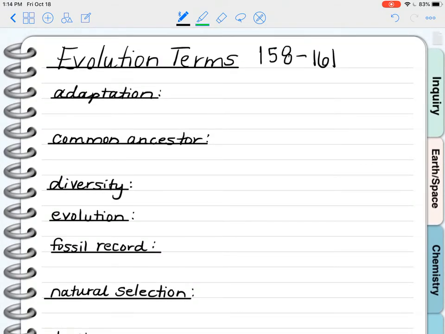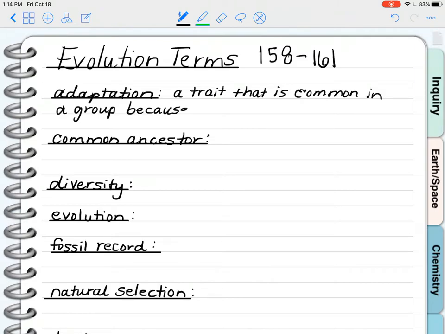The first is adaptation. An adaptation is a trait that is common in a group because it improves function. And to give you an example of this, I want you to picture in your mind some yellow moths.